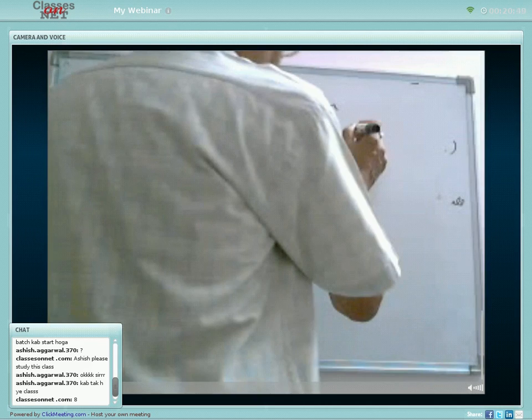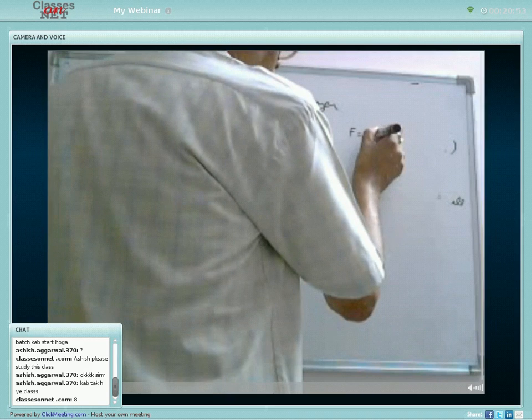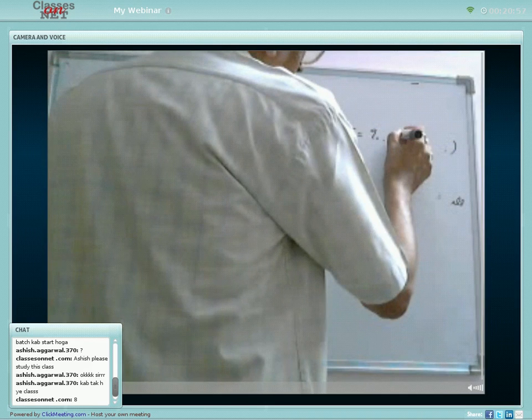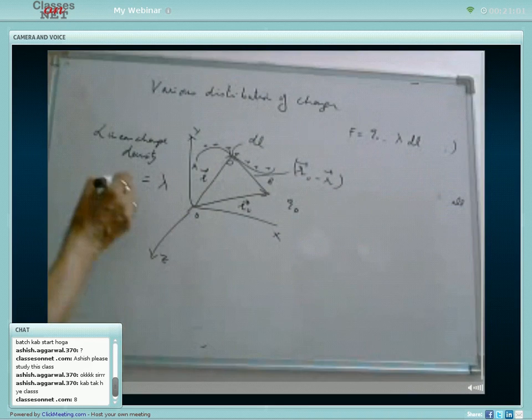Then we can write force given by charge Q0. We are interested in this small element, lambda dl. Linear charge density is charge upon length.